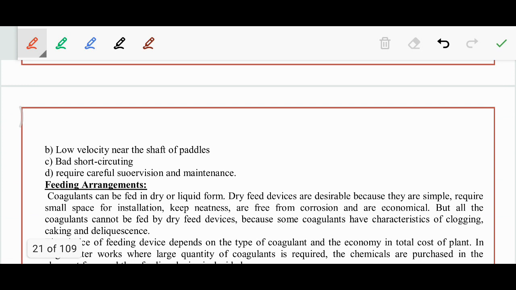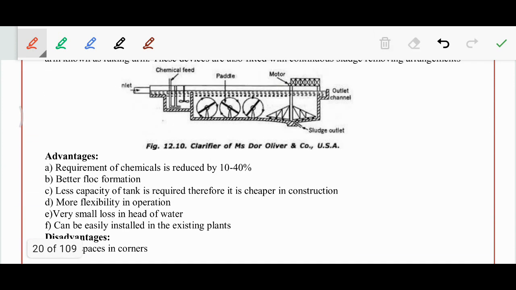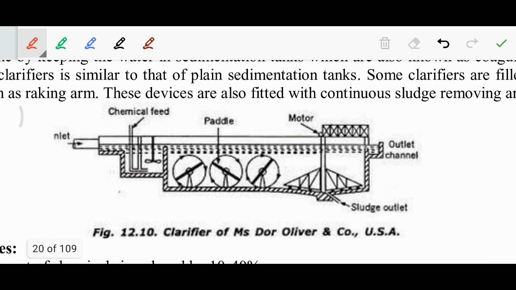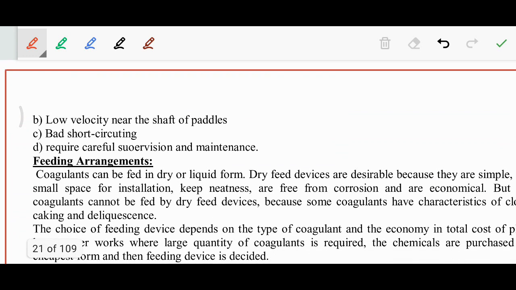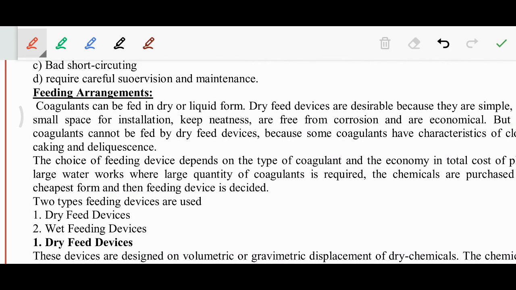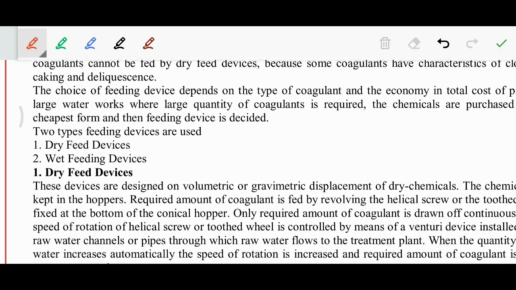Low velocity near the shafts of the paddle. Near the shafts the velocity is low. It also requires careful maintenance and supervision of clarifiers.